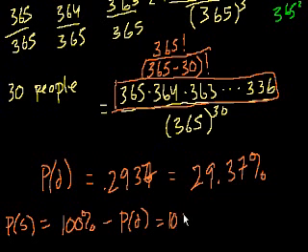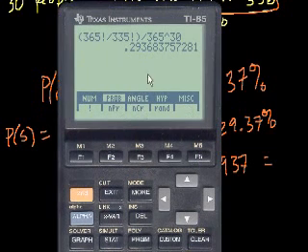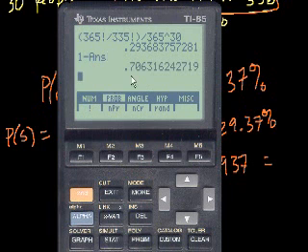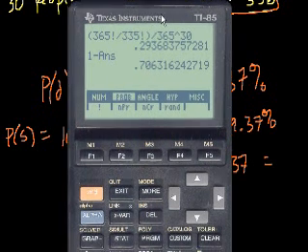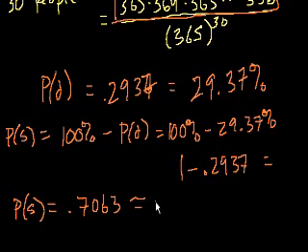So that's equal to 100% minus 29.37%. Or another way you could write it is 1 minus 0.2937, which is equal to 0.7063. So the probability that someone shares a birthday with someone else is 0.7063, approximately equal to 70.6%.